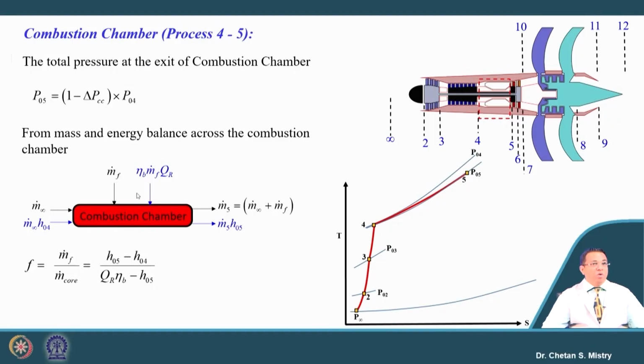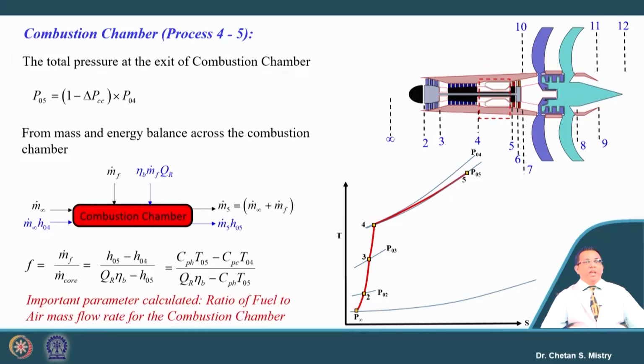Do not get confused between M infinity and M core. Suppose I consider this is the engine, for that we can straightaway write M core. Now, based on this we can calculate the fuel air ratio, or the amount of fuel required to be added in order to raise the temperature to T05.